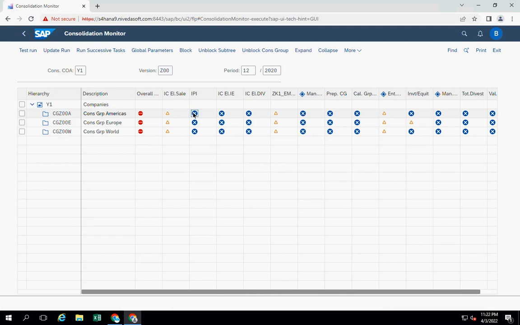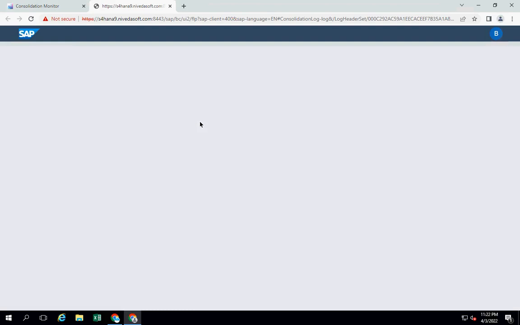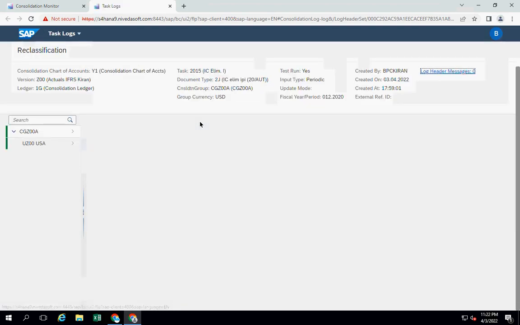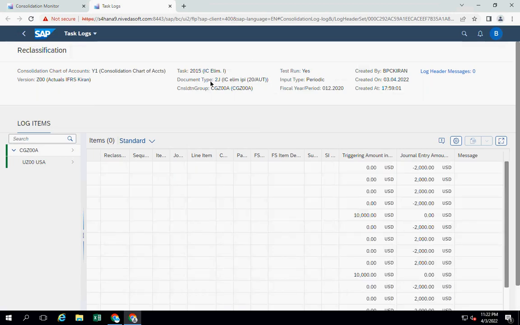The task number is 2105, I think, something like that. We can check it in the system. So right click here, test it. Here it has taken document type 2Z.